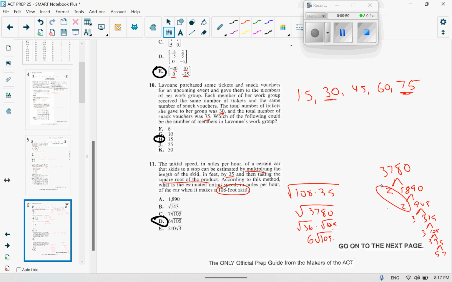I would circle pairs, so I can get 2 times 3 on the outside, and then 3 times 5 times 7 has to stay inside the radical. So that's how I can also get 6 square root of 105.